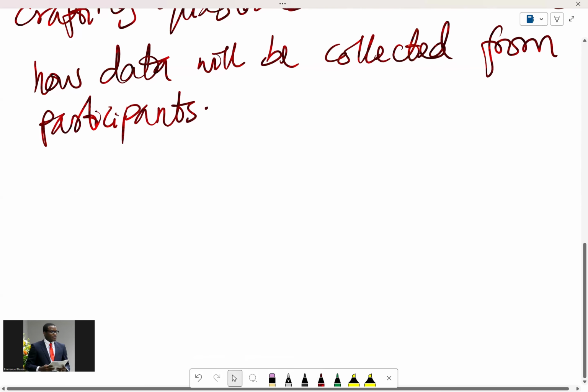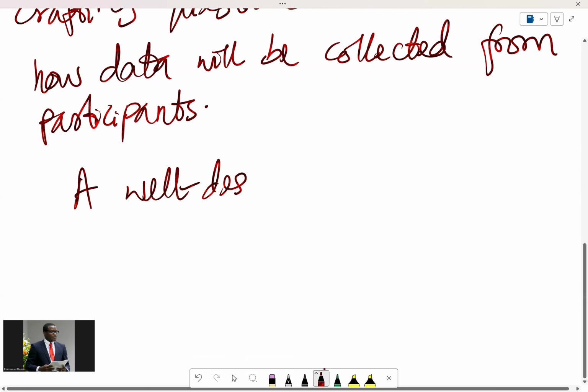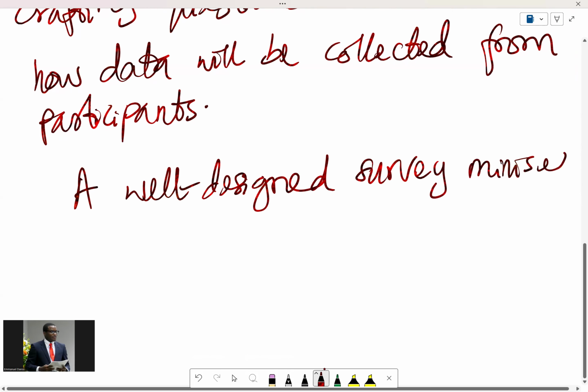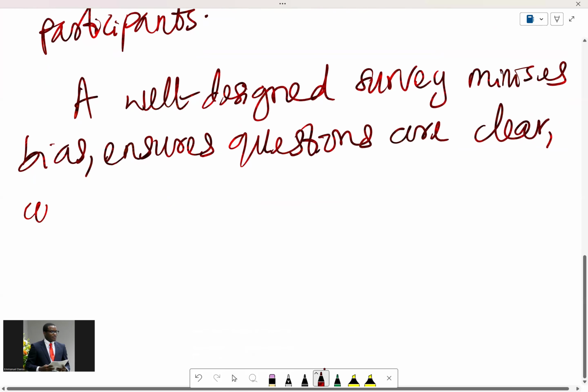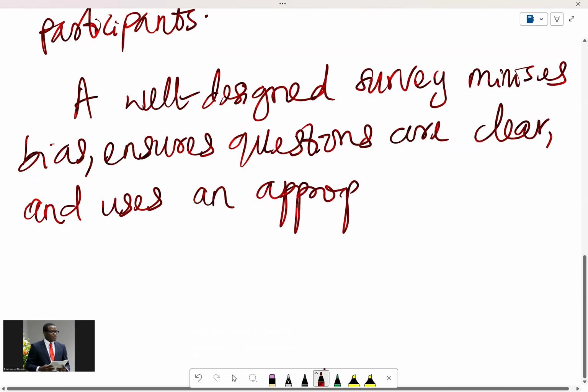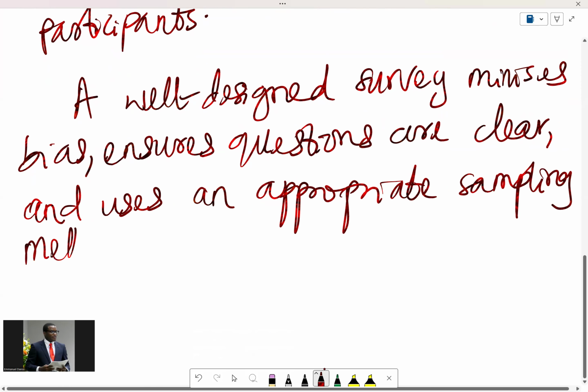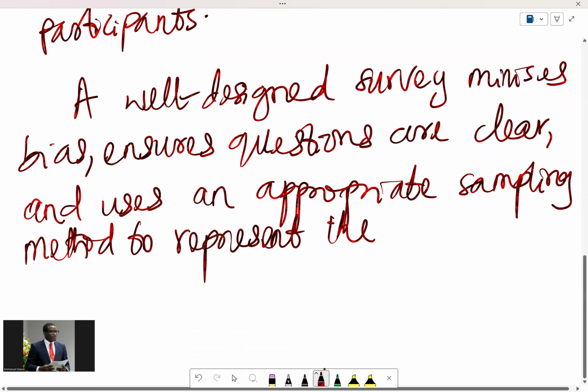So now a well-designed survey minimizes bias, ensures questions are clear, and uses an appropriate sampling method to represent the target population.